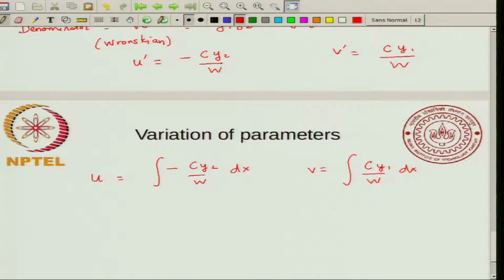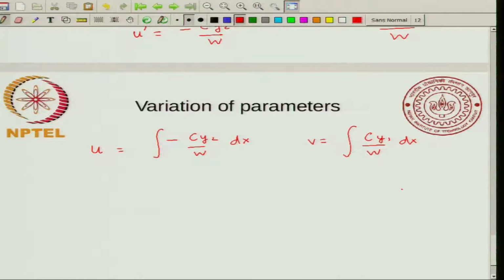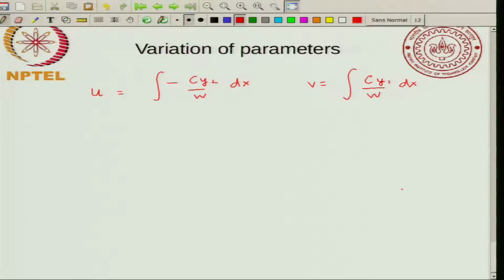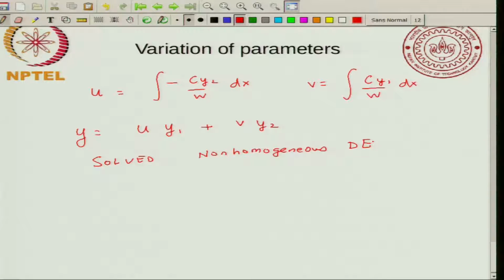So we calculated u and v, and once we have u and v, we can write y equal to u y1 plus v y2. So we have solved the non-homogeneous differential equation. If you know y1 and y2 of the homogeneous equation, then you can solve the non-homogeneous differential equation using this method of variation of parameters.